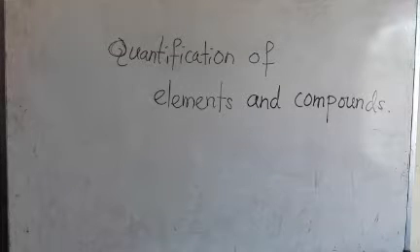Atoms and molecules are very tiny particles, so they have very little masses. Their masses, when expressed in normal units like kilograms, grams, or milligrams, give very small values. So we have to write them in scientific notation or as decimals.